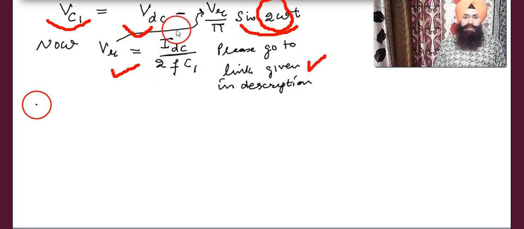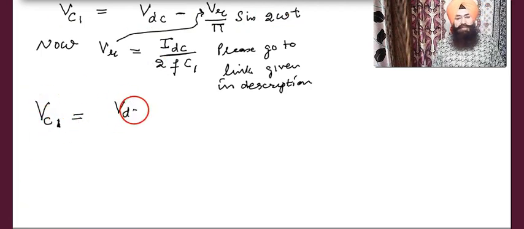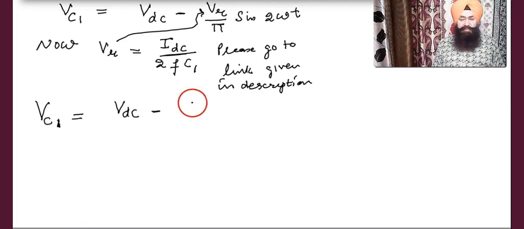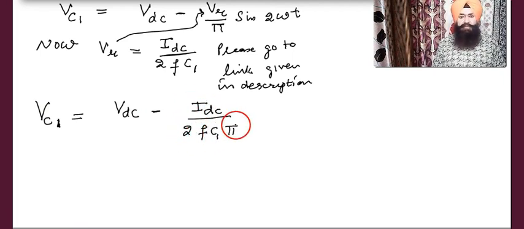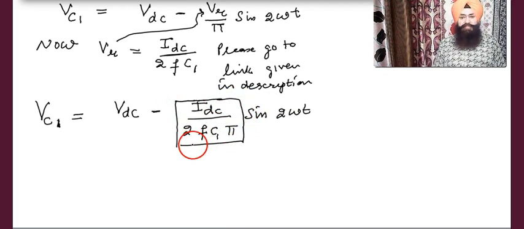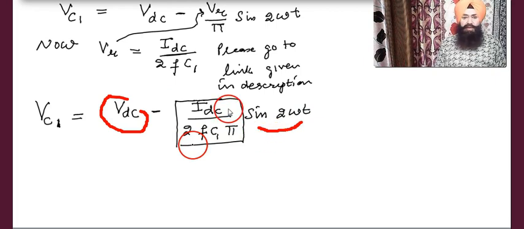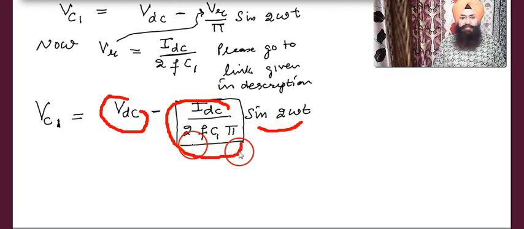Now substituting the value of VR here. Now we get this value. You know, this is totally pure DC. Now here it is sinusoidal, and this is the peak value.